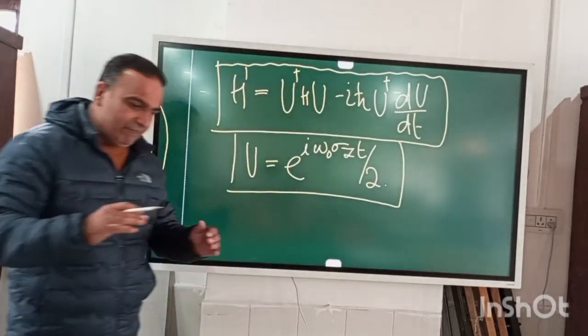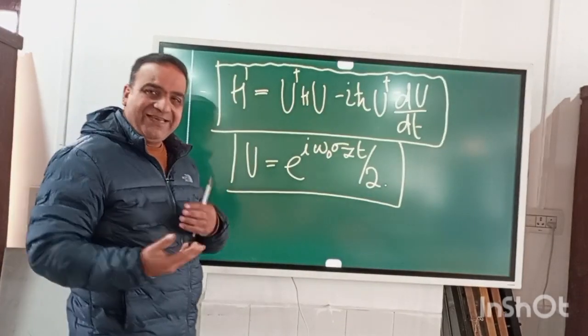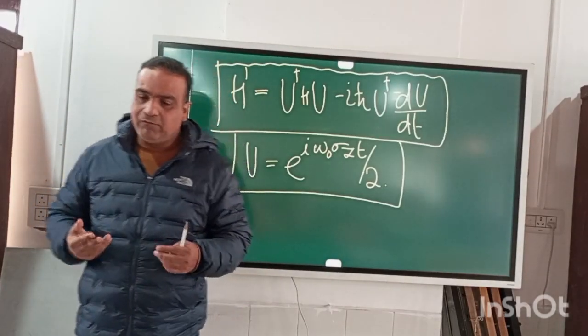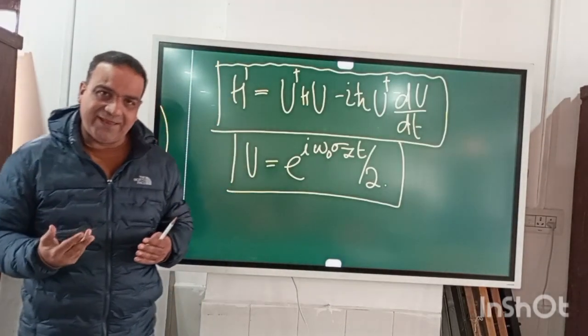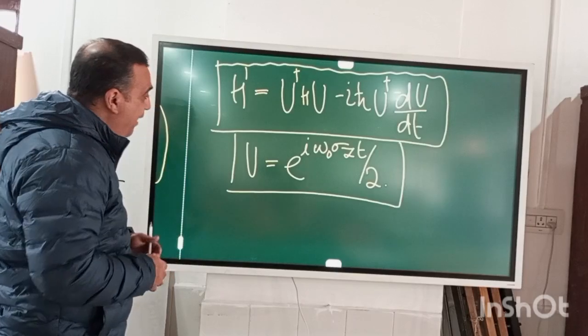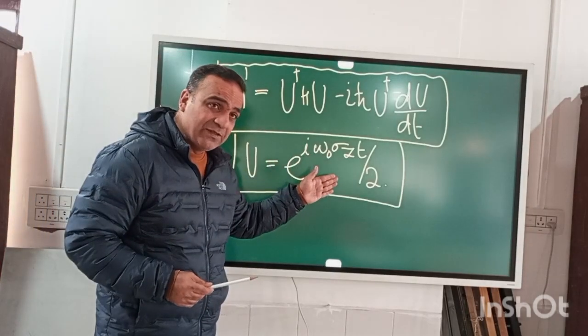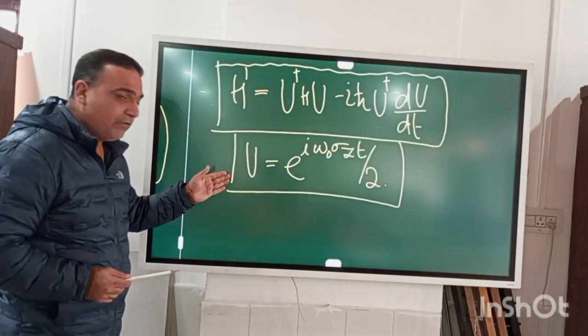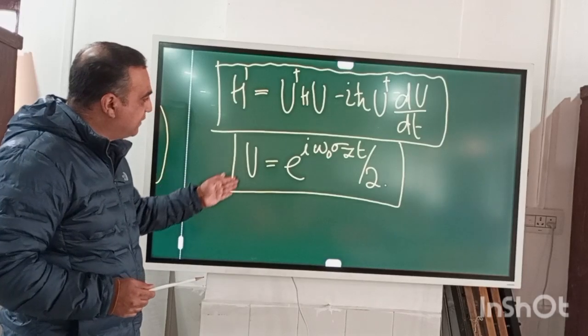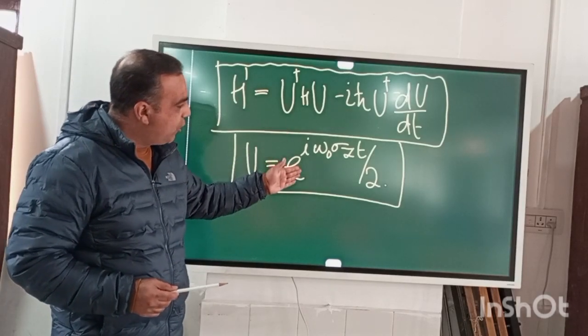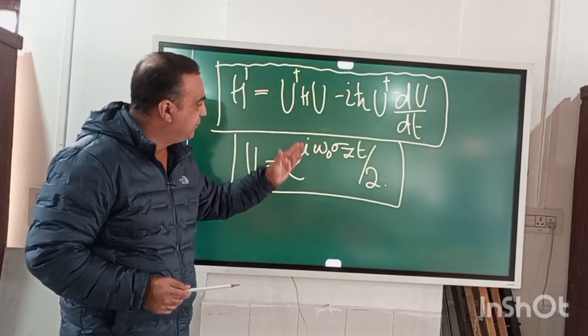We rotate the frame with respect to the z-axis, so that's why we have sigma z in U.